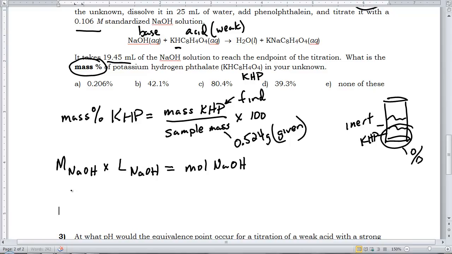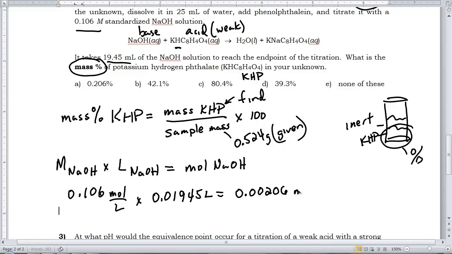Okay, so molarity, 0.106 moles per liter times 0.01945 liters. That gives 0.00206 moles NaOH. But that's not what we want.